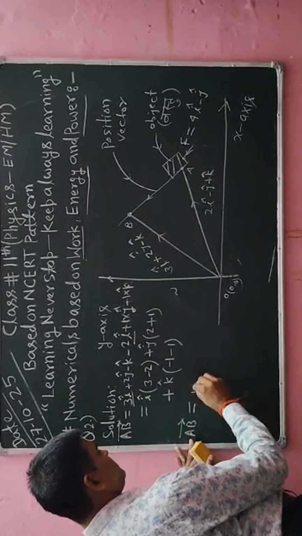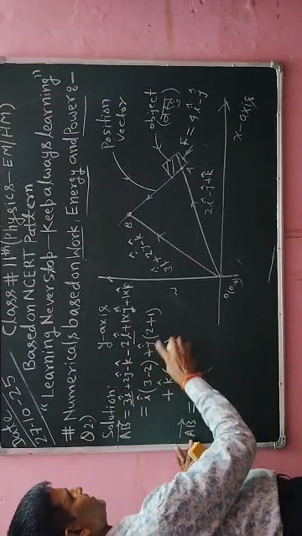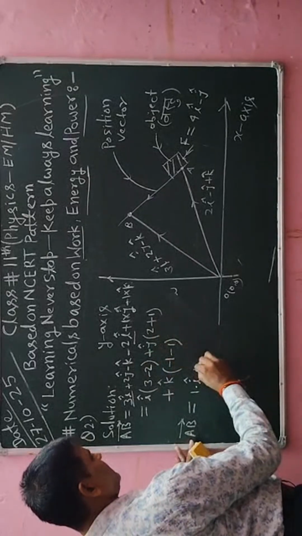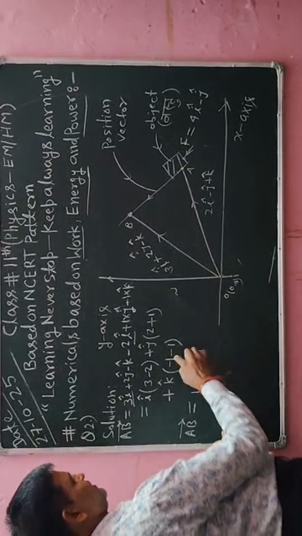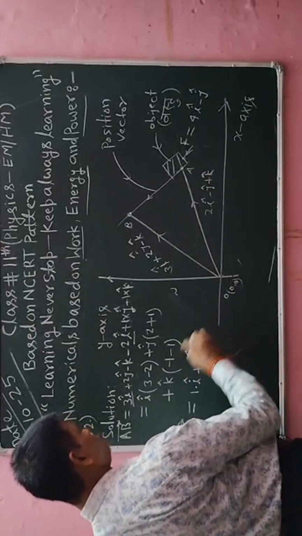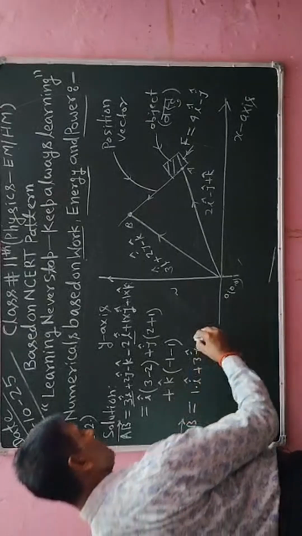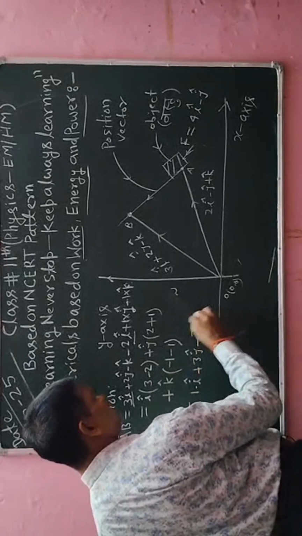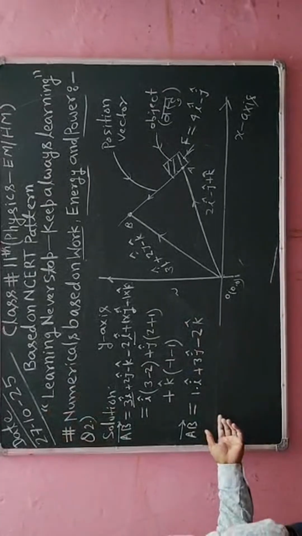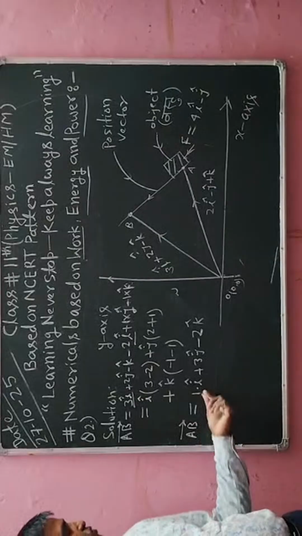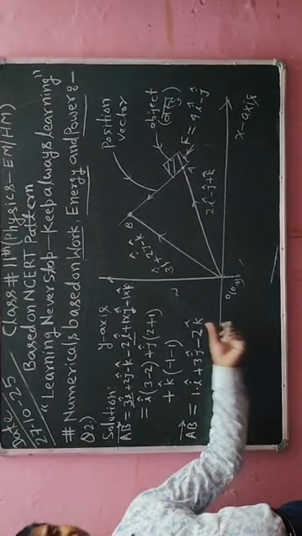So 1 vector i cap, and here 2 plus 1 will be 3, so 3 vector j cap, and here -1 -1 will be -2, so -2 vector k cap. Okay students, I hope each and every student can get the value of vector AB, which is equal to 1 vector i cap plus 3 vector j cap minus 2 vector k cap.